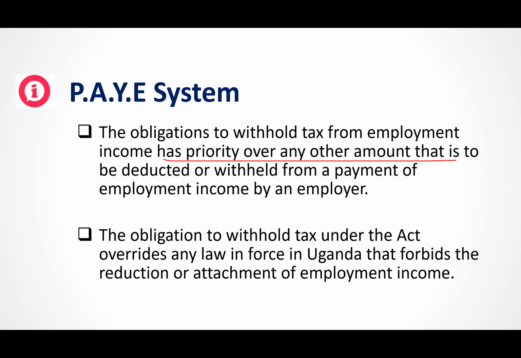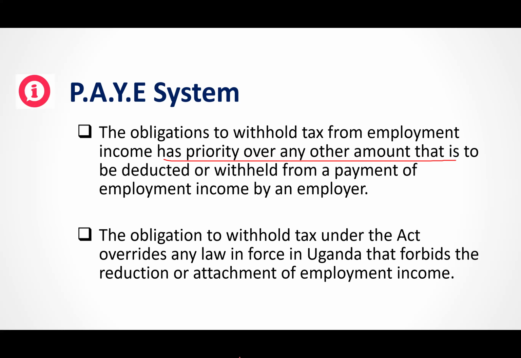meaning that the obligation to withhold tax under the Act overrides any law in force in Uganda that forbids the reduction or attachment of employment income. So that's why these banks, before they attach your salary on a specific loan, they must recognize the taxes first.